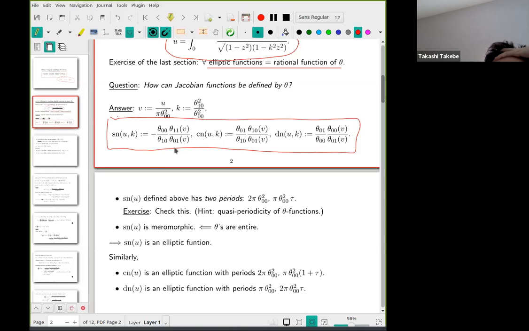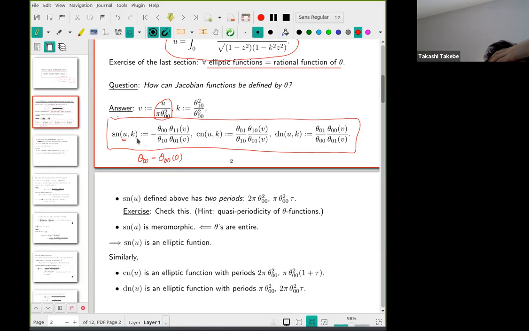Here, this is just zero value of theta as before. v is defined by this.